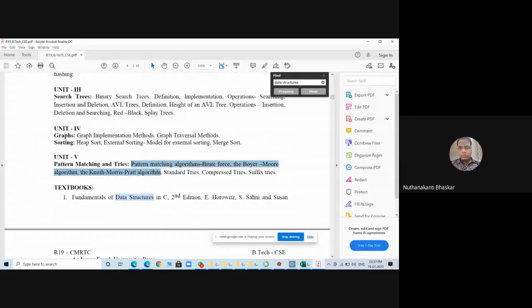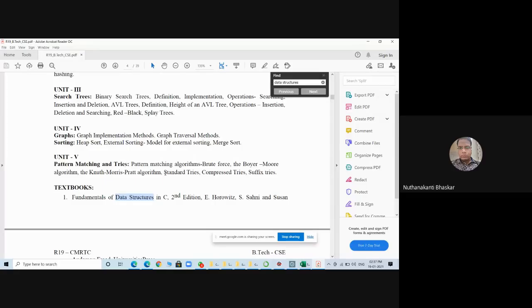Pattern matching is very important actually. Nowadays, in most cases we are using pattern matching, and we are solving so many problems based on pattern matching algorithms. So please concentrate on this. Very easy and important. If you understand, it is very easy. Otherwise, you will feel some complexity.